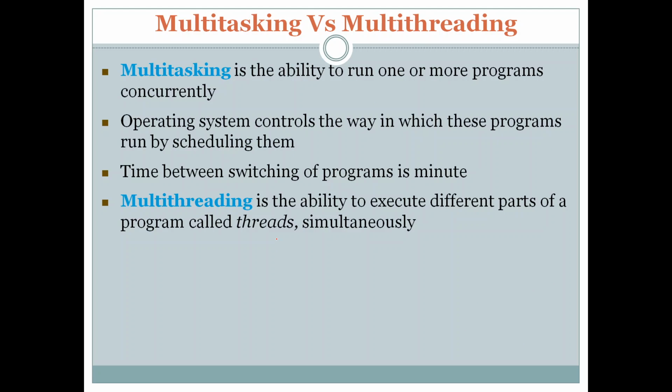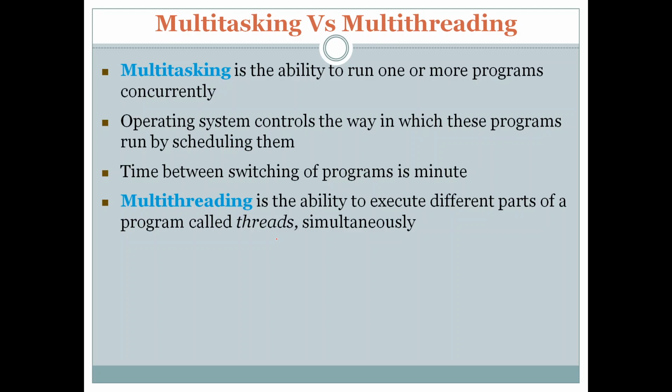Okay, multitasking versus multi-threading. You have already studied the concept of multitasking or multi-programming, or you can even term it as multi-processing, where multiple processes or multiple programs are executed simultaneously.